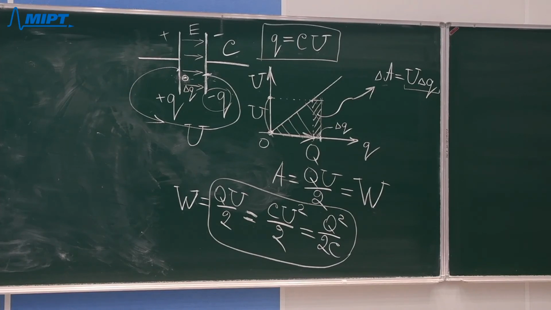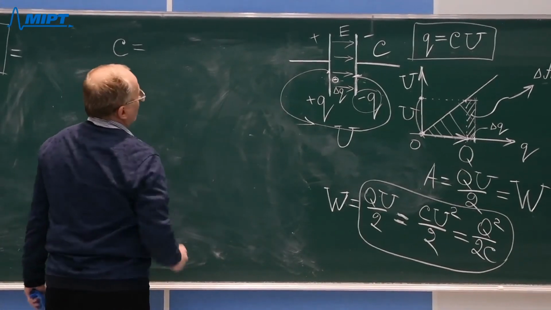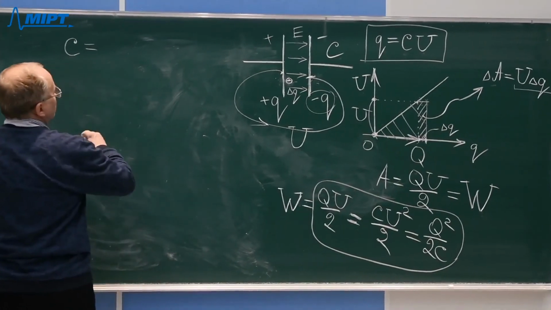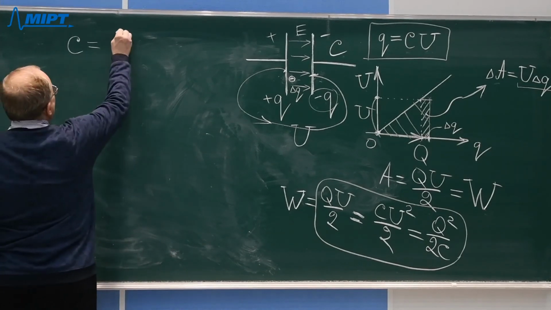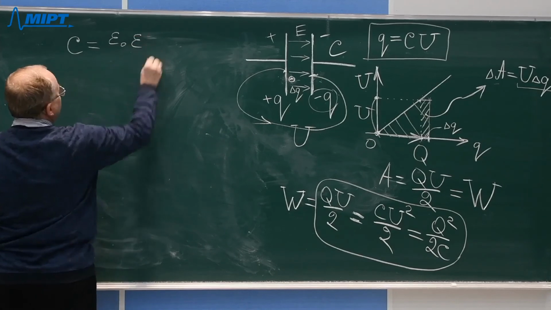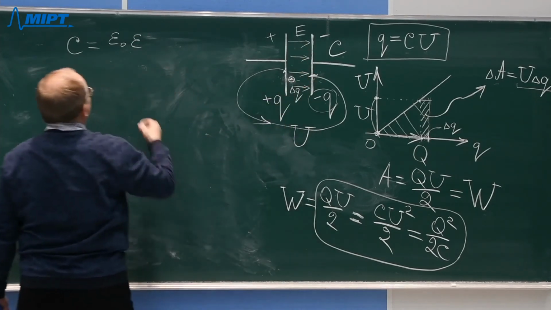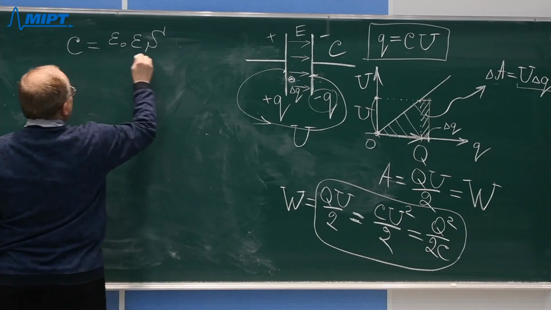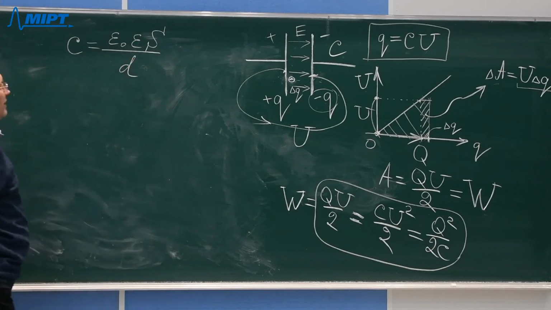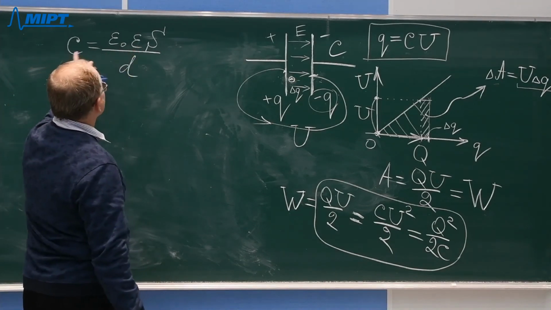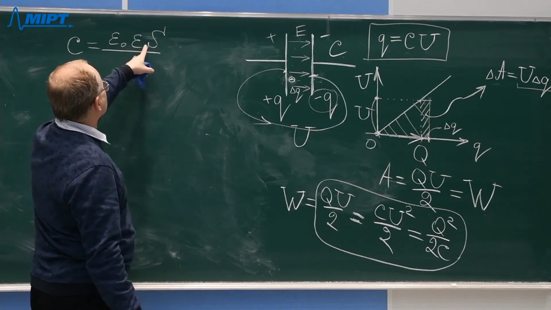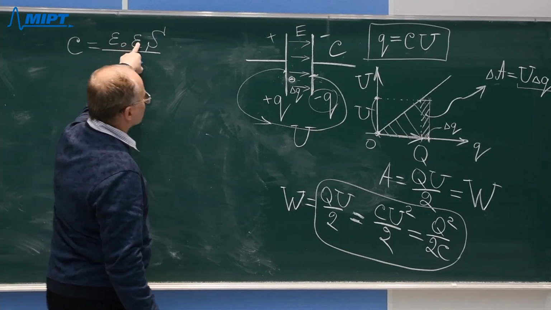So, if we recall that the capacitance depends on some quantities like the electric constant, the dielectric constant of the medium which fills the capacitor, the area of the capacitor plates, and the distance between the capacitor plates, then we will easily see that the capacitance is directly proportional to the dielectric constant of the medium which fills the capacitor.